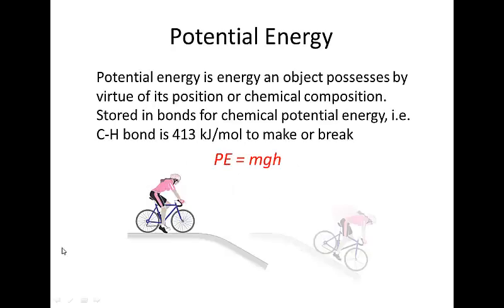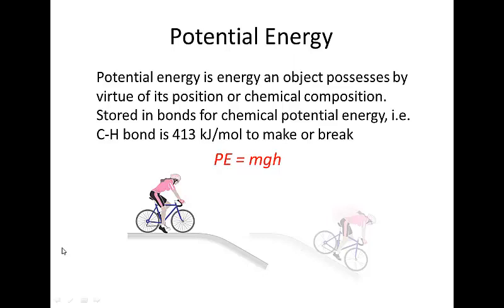Potential energy. Potential energy is energy an object possesses by virtue of its position in physics or its chemical composition in chemistry. For physics, the higher up an object is held, the more potential energy it has, because potential energy is dependent on height.